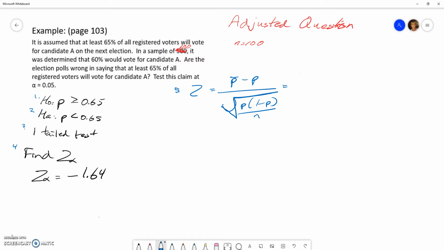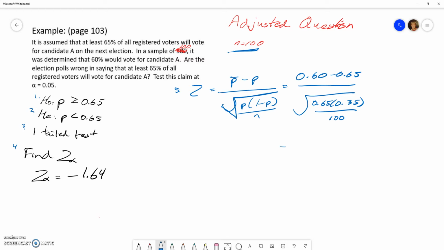So the only difference in this question is their sample size. .65, 0.35 divided by 100. So that's the only difference we've made right here. Everything else is the same except for whatever reason we only surveyed 100 people. What kind of difference is that going to make in our decision about the null hypotheses?